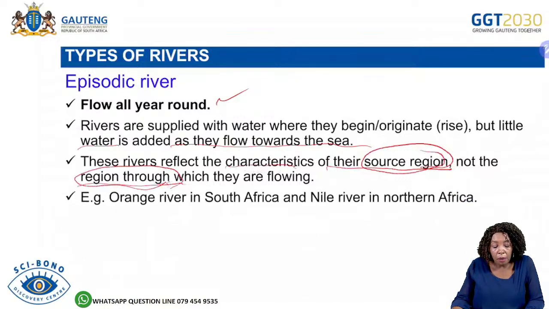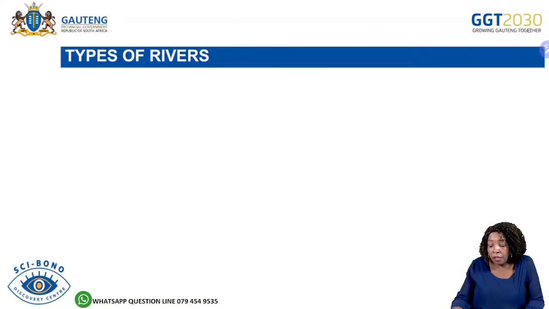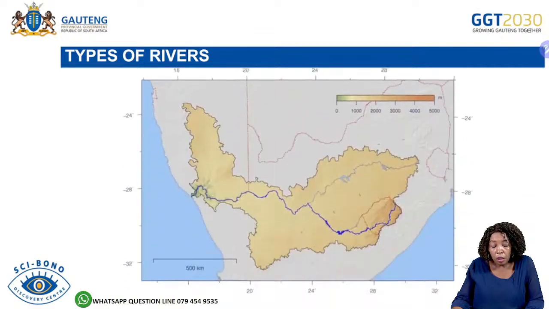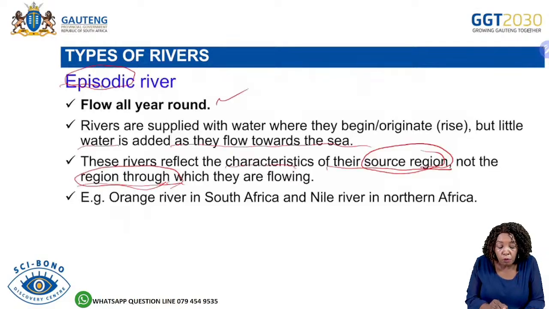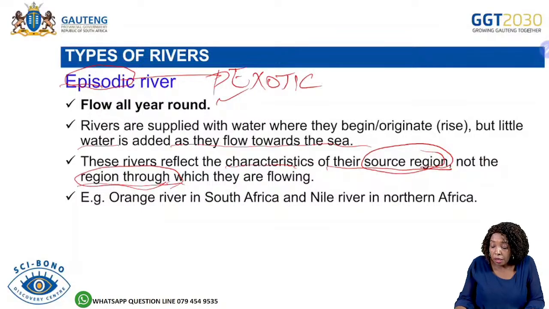And then, for example, we are looking at the Orange River. Rather, those characteristics, let me just go back and correct this. So here we're not looking at episodic, rather we're looking at an exotic river. This would be an exotic river.